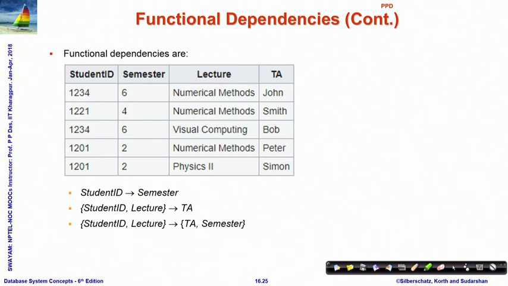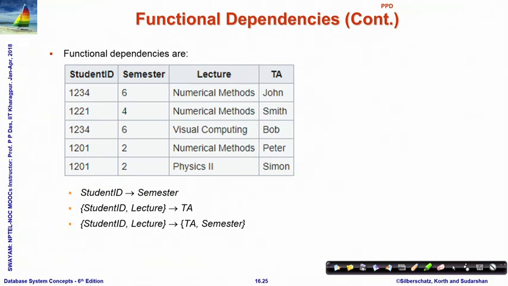So, in the next couple of slides, I have shown a few examples of functional dependencies of different tables. Here student ID functionally determines semester, which means that we are trying to model that a student cannot be at the same time in 2 semesters. Then student ID and lecture together functionally determine who is the TA, and so on.